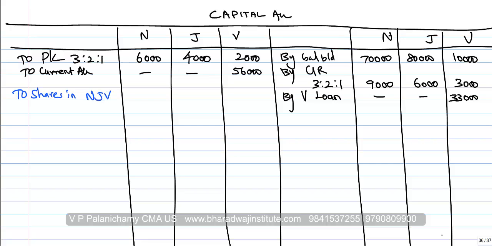It is clearly mentioned it is taken over by the partners in profit sharing ratio 3:2:1. How much? 60,000, 40,000, 20,000. Other than this, it is normal dissolution only.